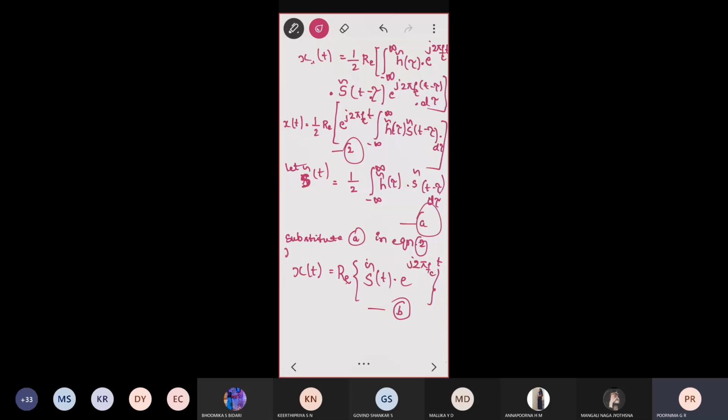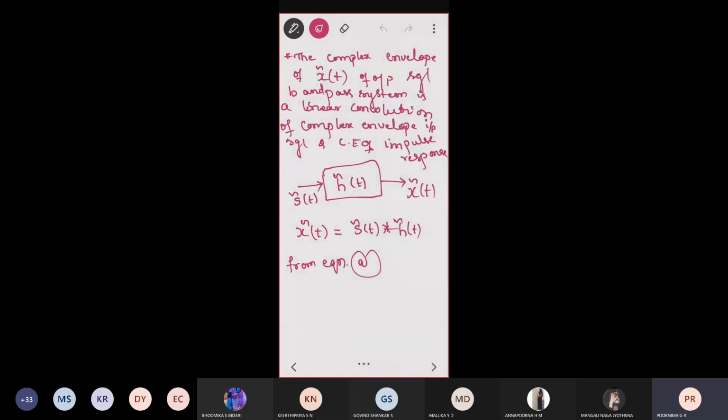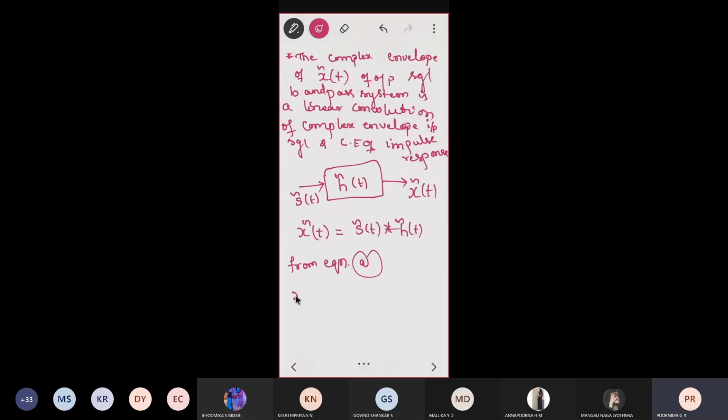So we can rewrite the above equation as x tilde of t, which is, from equation A, equal to half of the integral from minus infinity to plus infinity of h tilde of tau multiplied with s tilde of t minus tau d tau. Is it clear, students? Yes, ma'am.